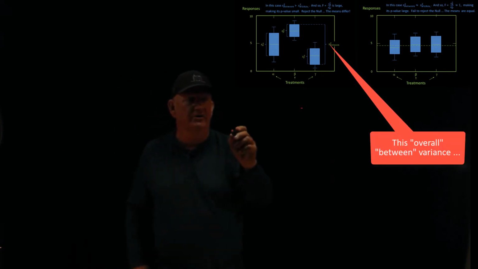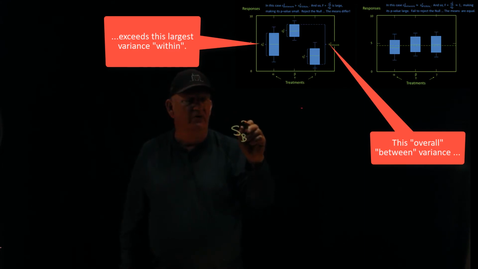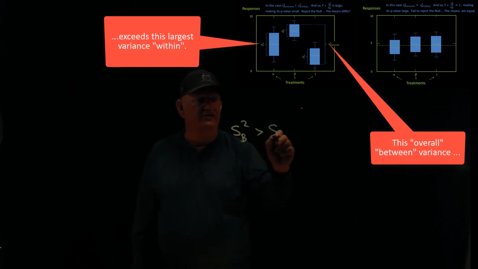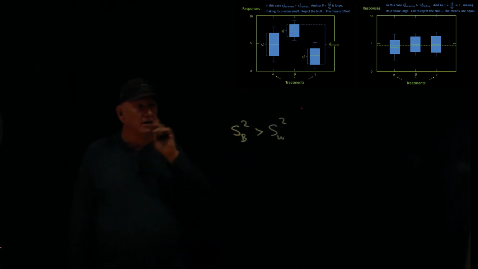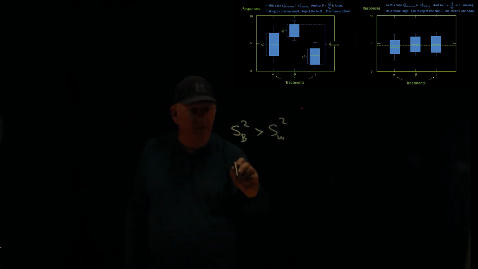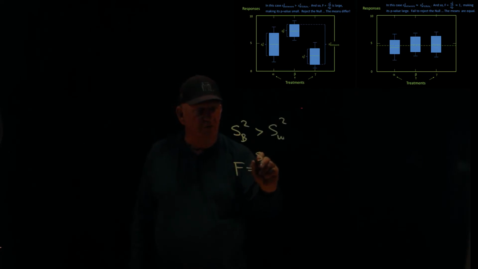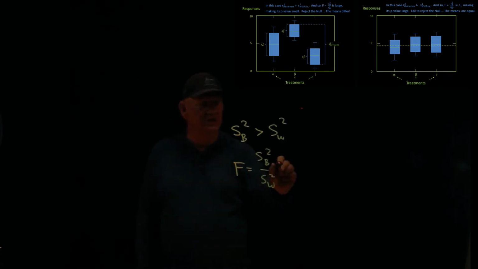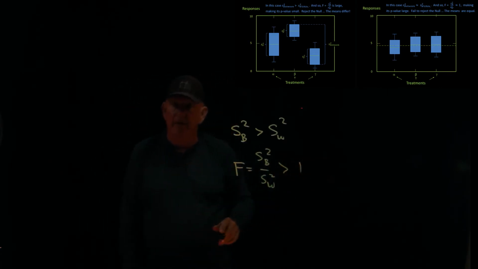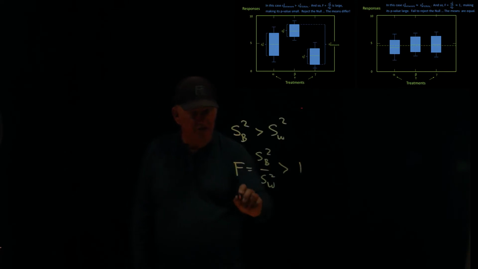So in this particular case, s squared b is greater than s squared w. Right? That's what I'm trying to get across there. And if that's the case, then F, which is equal to s squared b all over s squared w, the variance between divided by the variance within, is a number that's greater than 1. So again, that's the test statistic.